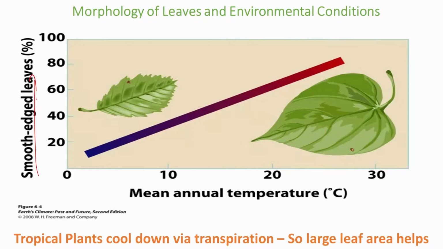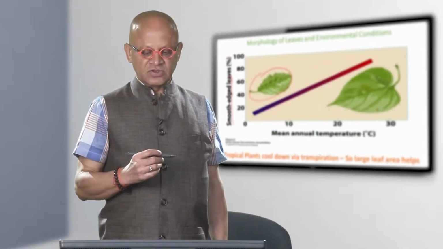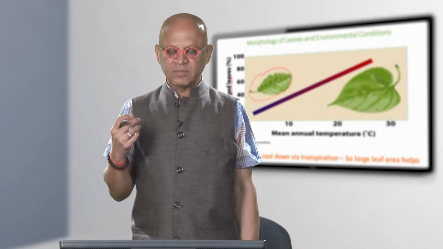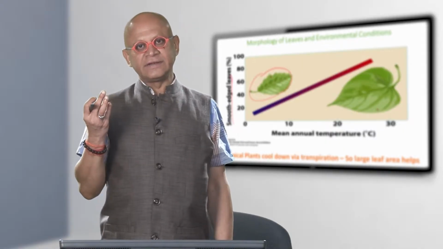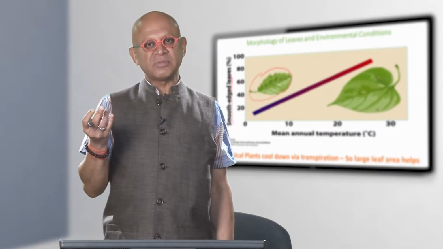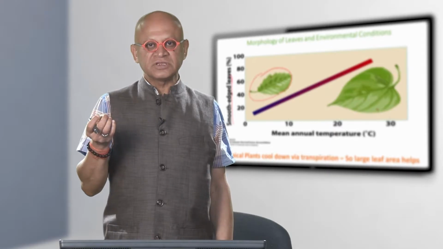You can clearly see that as the temperature increases, there is an increase in the size of the leaf compared to a colder temperature leaf, plus the edges are serrated in the cold temperature leaf versus the warm temperature leaf. So, basically the morphology of the leaf depends on the daytime temperature, nighttime temperature, frost temperatures, availability of sunlight, etc.